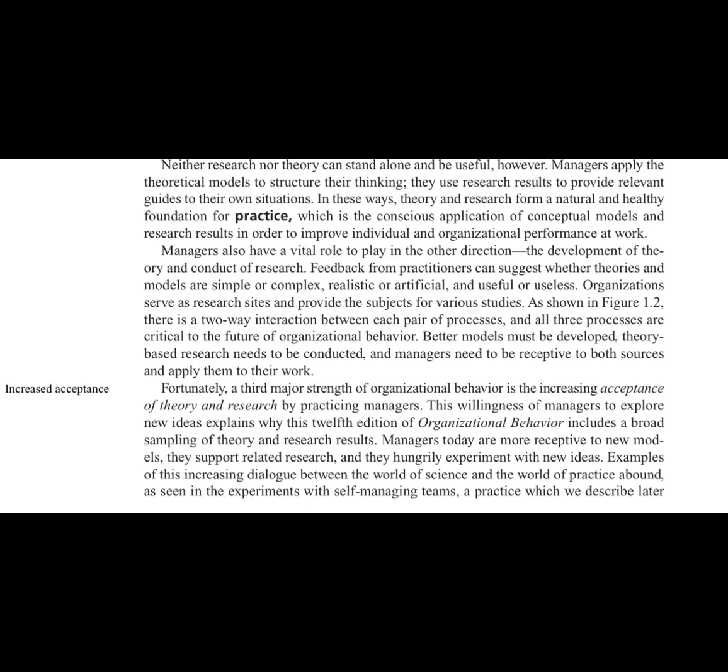Okay? So, managers also have a vital role to play in the other direction, the development of the theory and conduct of research. So, the feedback from practitioners can suggest whether theories and models are simple or complex, realistic or artificial, and useful or useless.